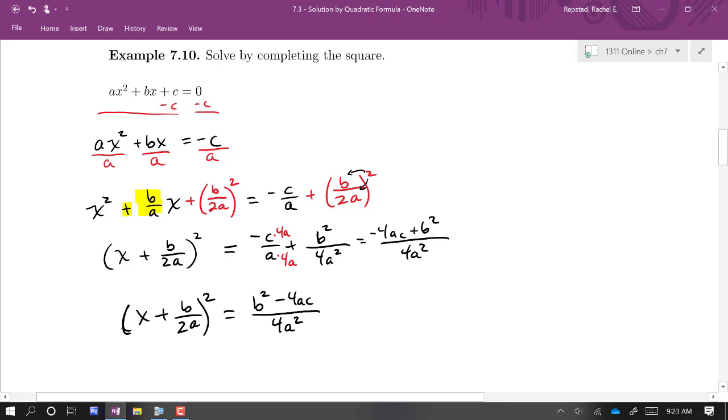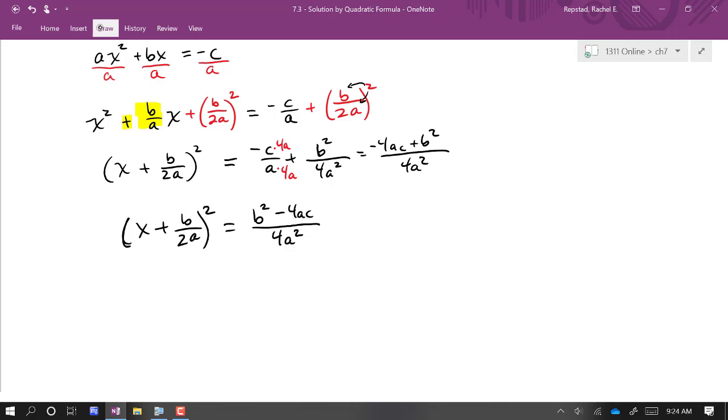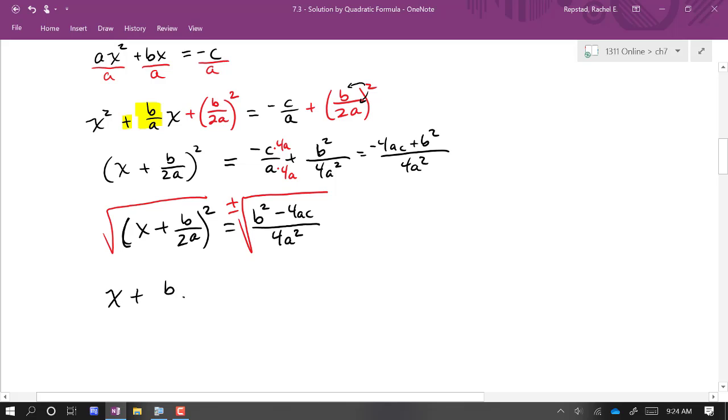All right, now I've got this perfect square on the left. That's where my x lives. And then I've got this fraction on the right. Let's take the square root on both sides. On the left now we have x plus b over 2a equals, on the right side, plus or minus.